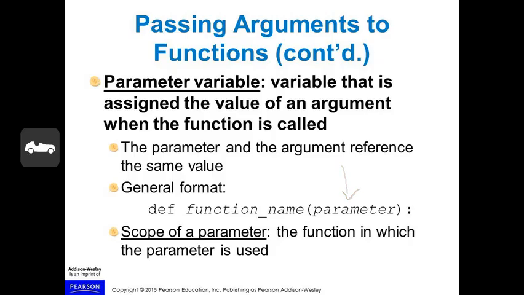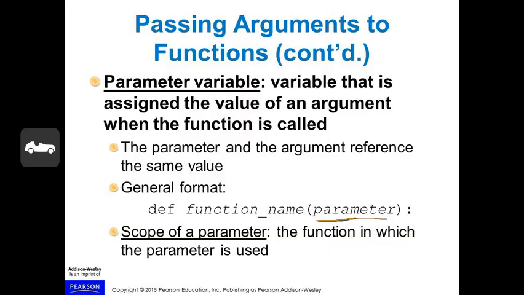And the parameter is also a kind of variable. So we learned about variable scope, like local variables. A variable is only visible to the statements inside the variable scope. A parameter variable's scope is the function in which the parameter is used.